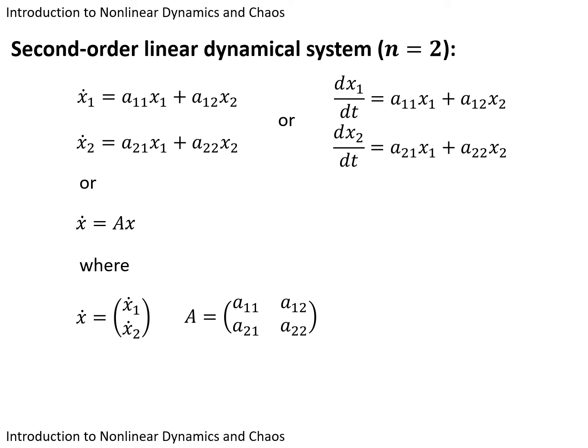A is a square 2 by 2 matrix, and x is a column vector with the components x1 and x2.